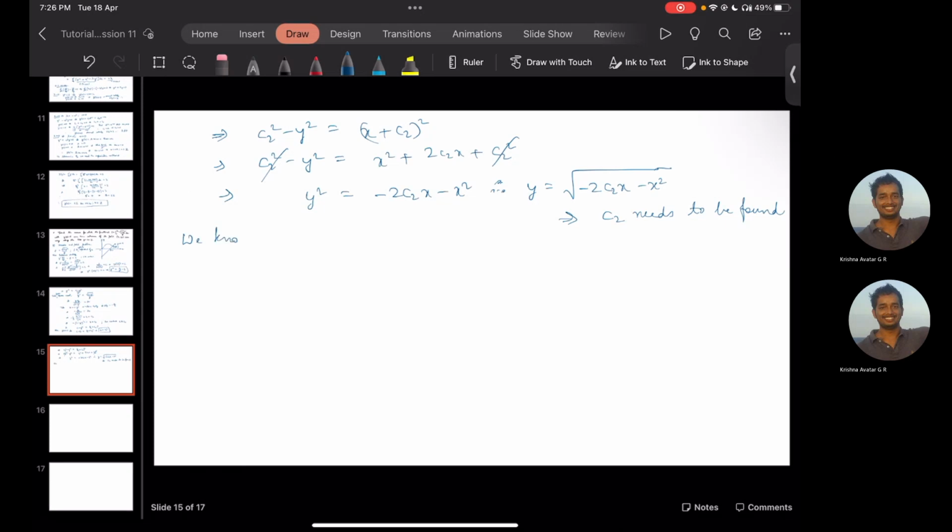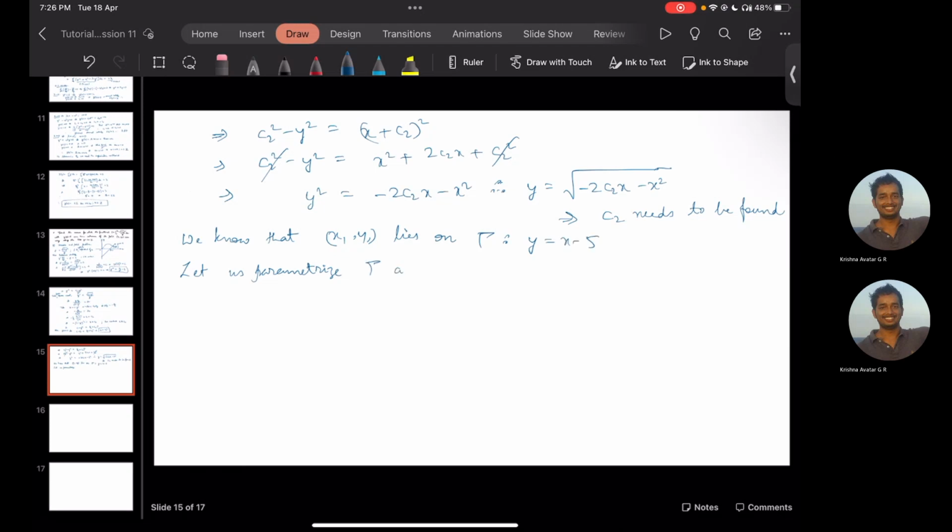We know that x1, y1 lies on what? y is equal to x minus 5. Now let's parameterize. This we call the curve gamma, which is y equal to x minus 5.